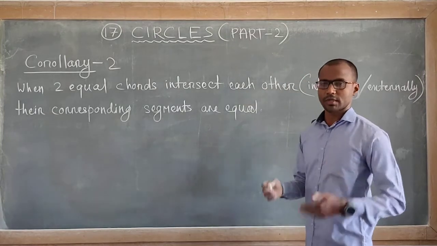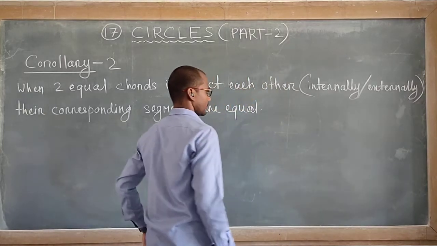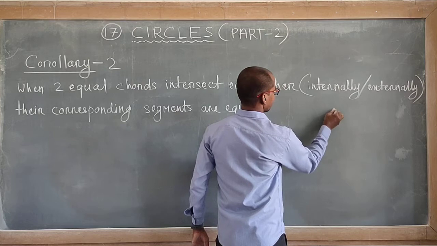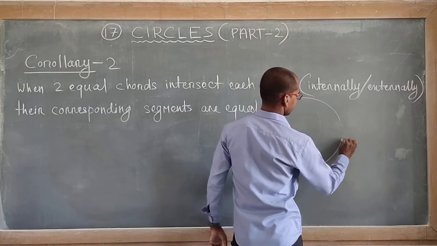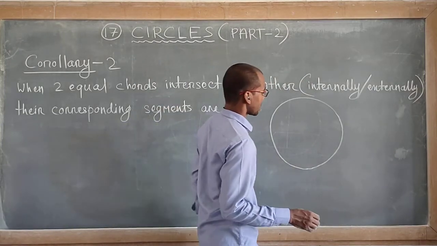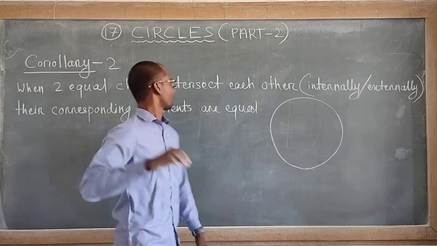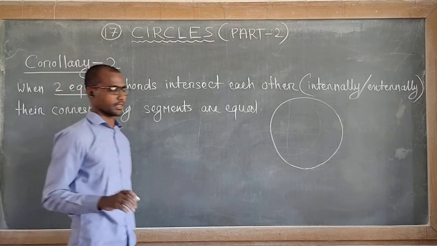Now it is a bit difficult to understand. Only by drawing a diagram can you understand this. Suppose we have a circle like this. Here the center is not important, we just need to draw two equal chords, and they should intersect.